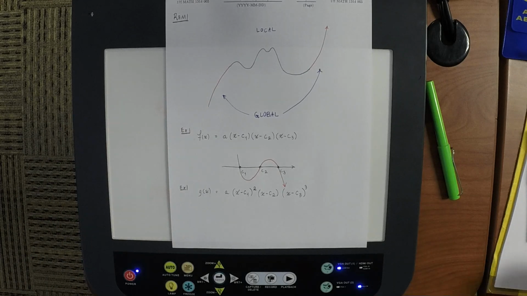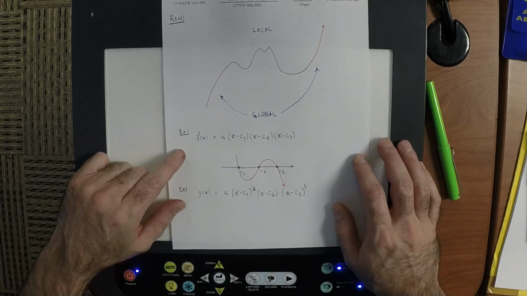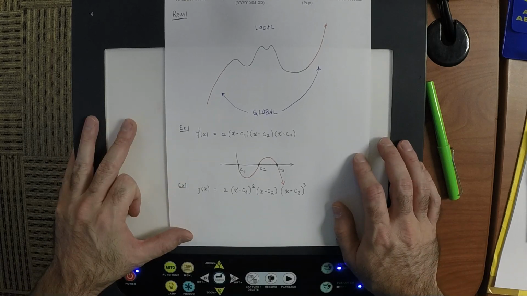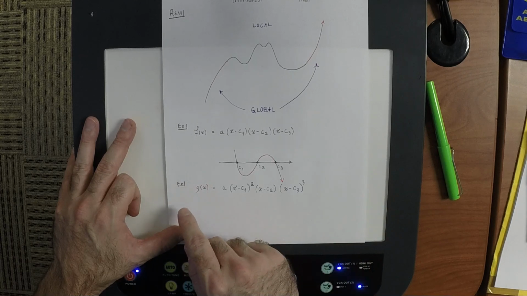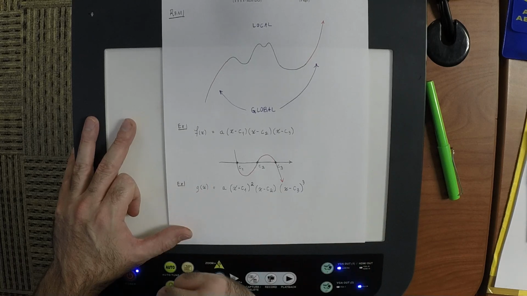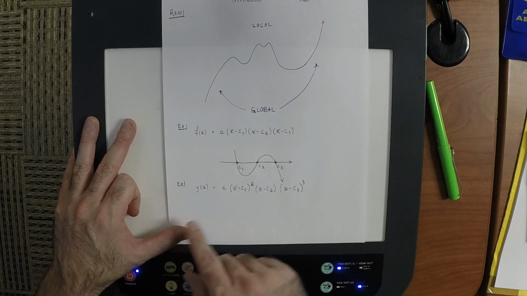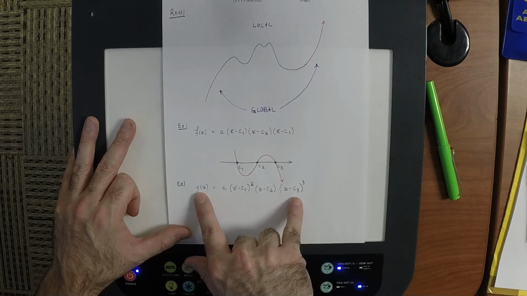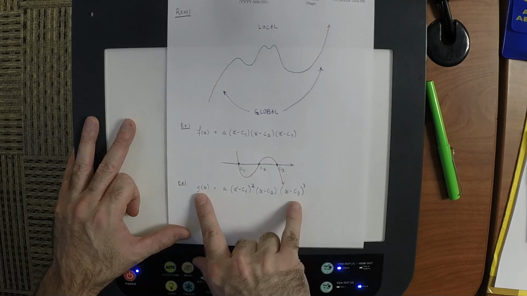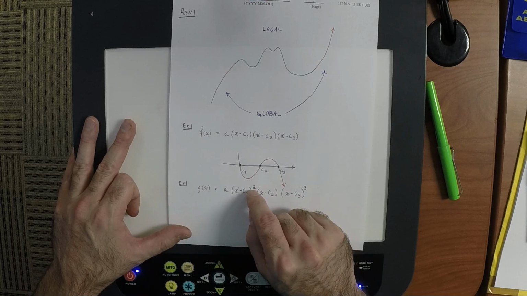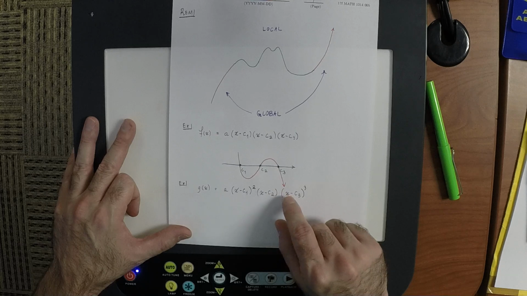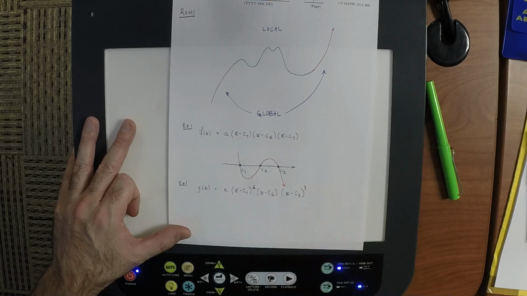What I want you to observe, comparing f and g, is that if you plug in c1 into g, the output is also 0. But the difference is that now this factor is squared and this factor is cubed.